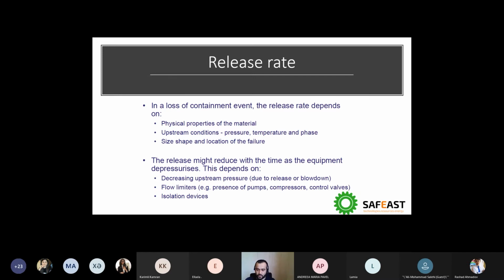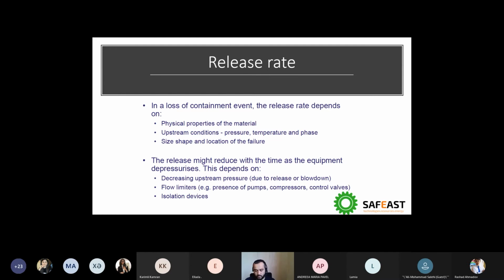And of course, what we are trying to achieve in industry is to reduce the release through time as we depressurize the equipment. And how can we achieve this? We can decrease the upstream pressure. For this purpose, you can use a blowdown system, an automatic blowdown system, to release the upstream steam, or we limit the flows.